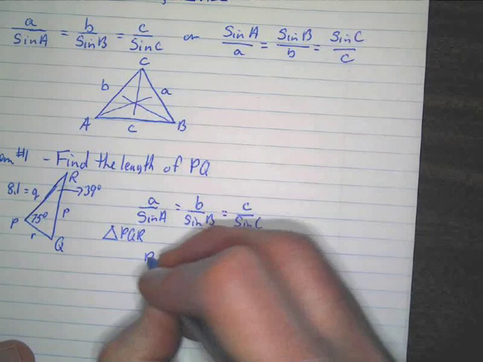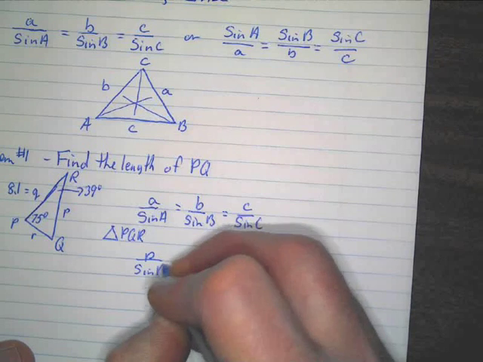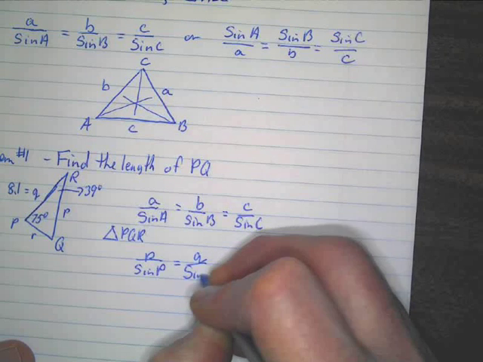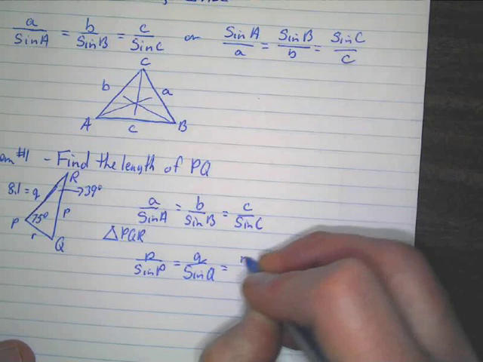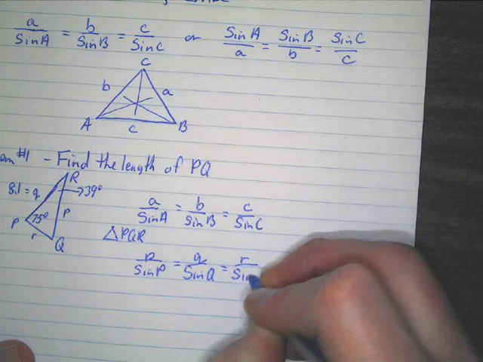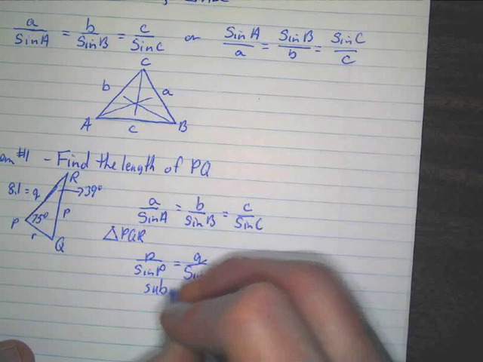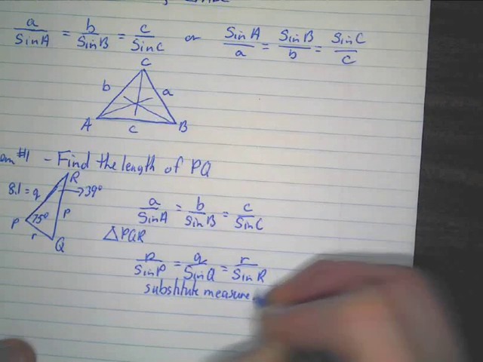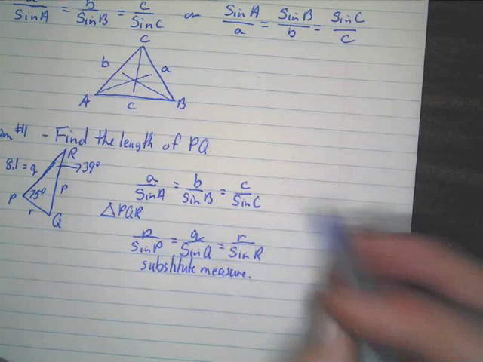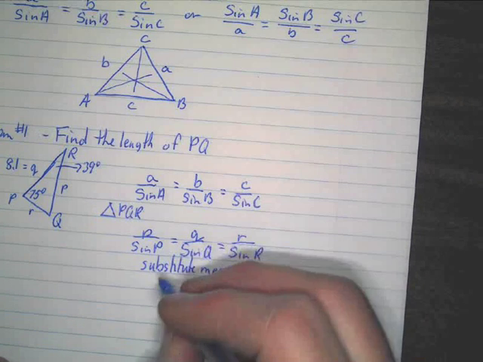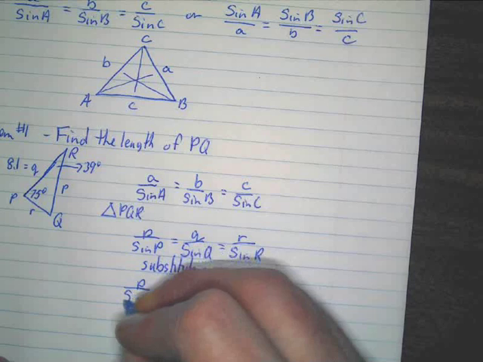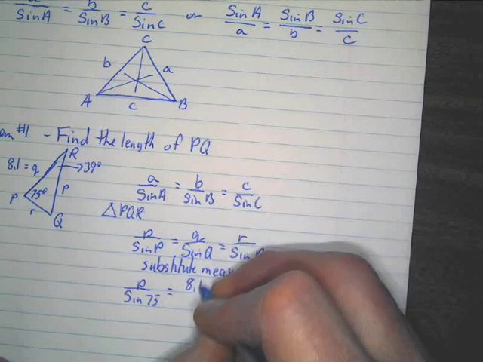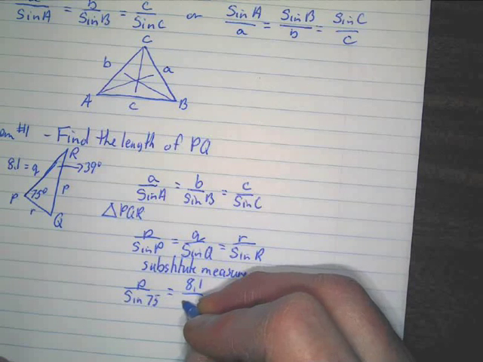So then I get p over sine P is equal to q over sine Q, which is equal to r over sine R. I'm going to substitute my measurements. So I have p is nothing there, sine 75, q is 8.1.